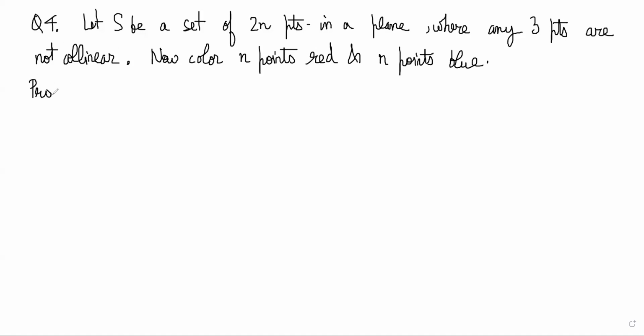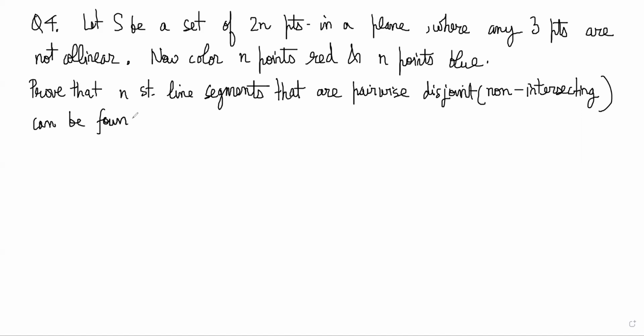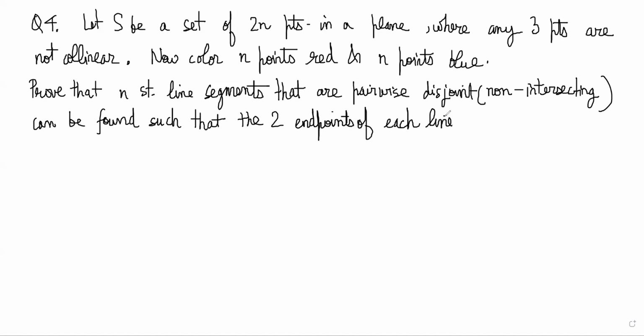Prove that n straight line segments that are pairwise disjoint, or non-intersecting, can be found such that the two endpoints of each line segment have different colors.